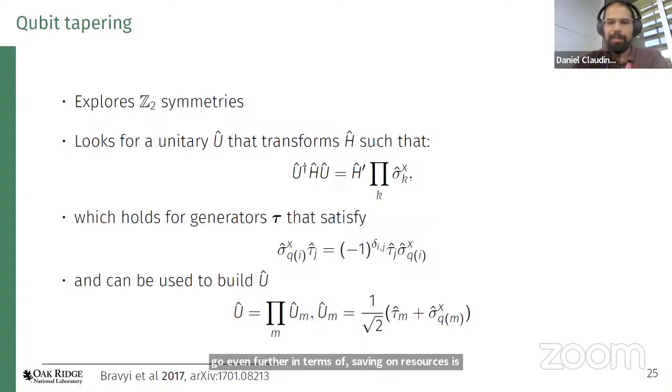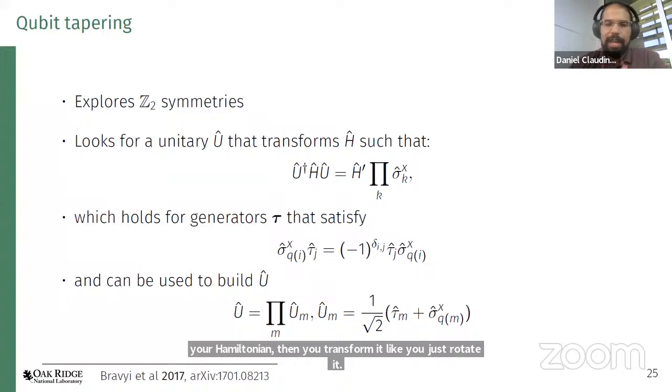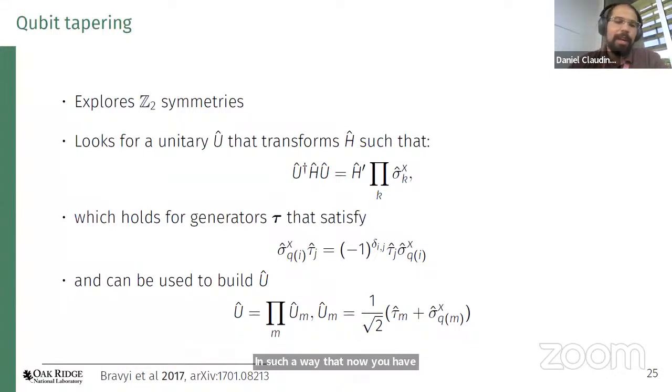I don't want to dwell on it too much, but the idea is you have your Hamiltonian, then you transform it, like you just rotate it in such a way that now you have this H prime, and that H prime lives in a subspace of the initial Hamiltonian, and everything outside that subspace is just a product of simple Pauli matrix operators.